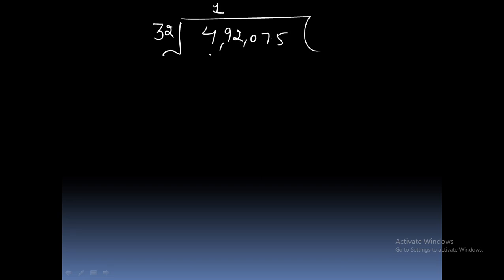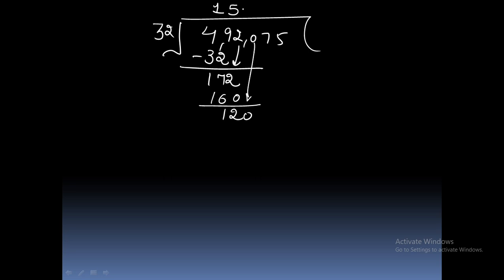First it will go on 1. 32 ones are 32. 9 minus 2 7. 4 minus 3 1. 2 is taken, and then 5. 32 5s are 160. 2 1. Then take again 0 0. Then 3. 3 2 is the 6. 3 9 3 is the 9. 10 minus 6 4. 11 minus 9 2. Then take 7, and then it will go on 7.